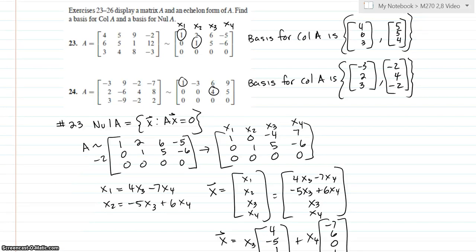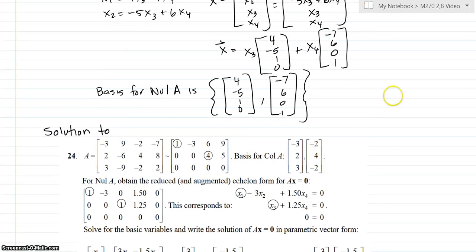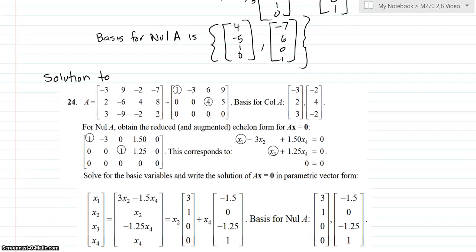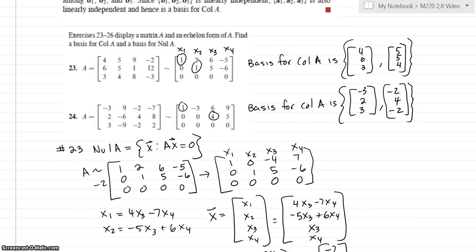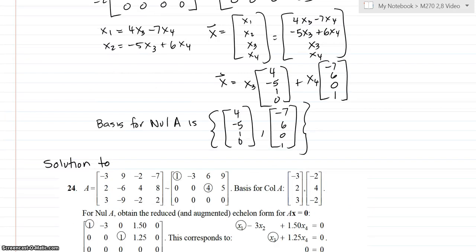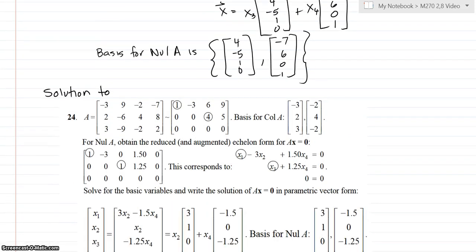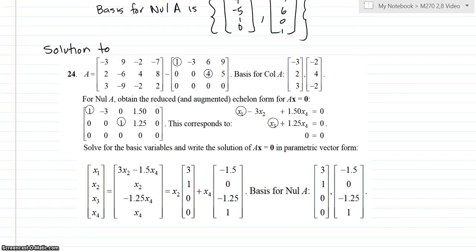Okay, the solution. Here it is. Number 24. You can see here the basis for the column of A we've already done. It's right here. So we're going to check that out with our answer, and it's the same. To find the null of A is a little bit of work.